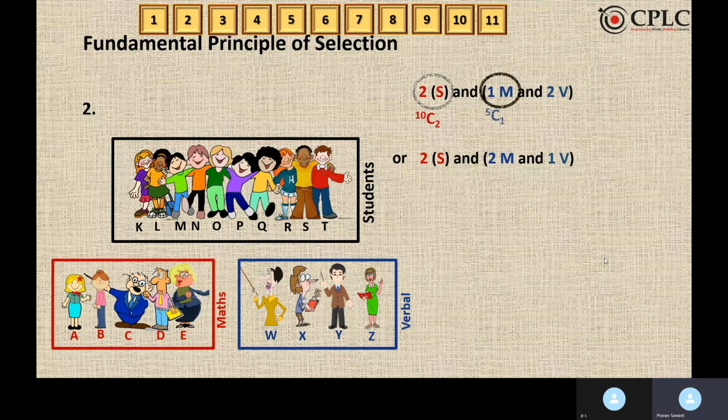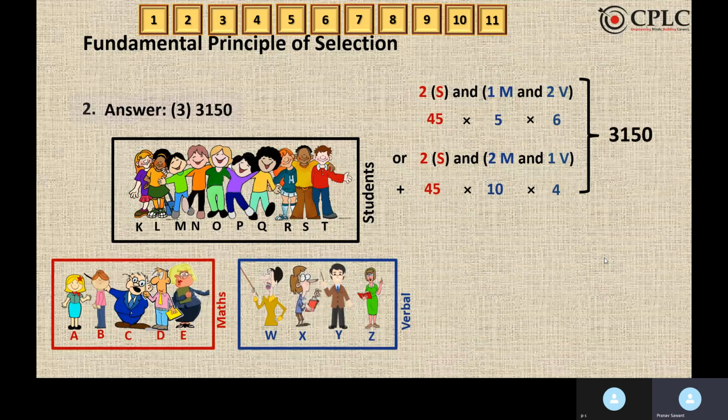So 10C2, 5C1, 4C2, 10C2, 5C2, and 4C1. Wherever there's and, I'll do multiplication. Wherever there's or, I'll do addition. Solving will give us the answer as 3150. That is option 3.